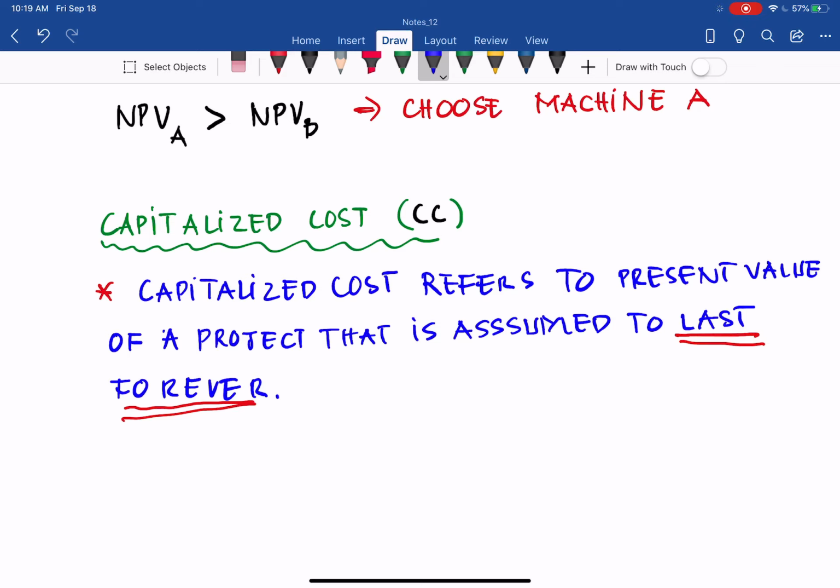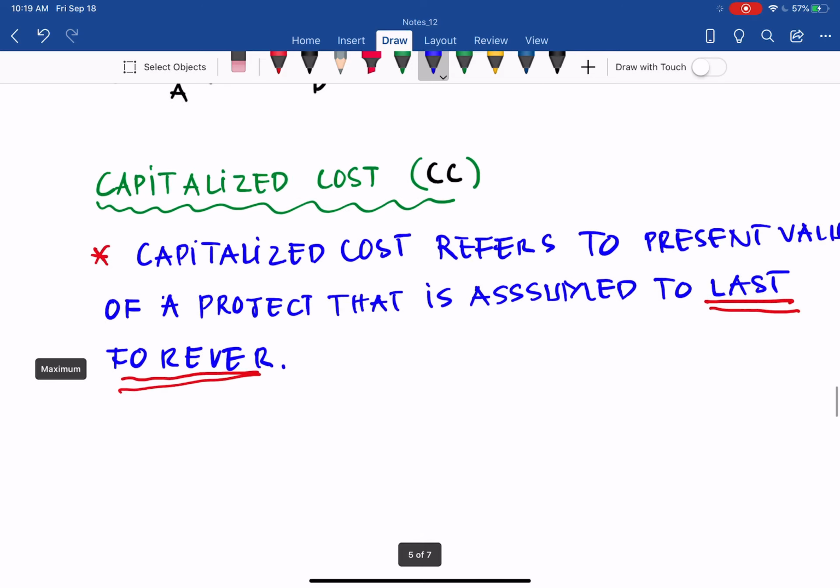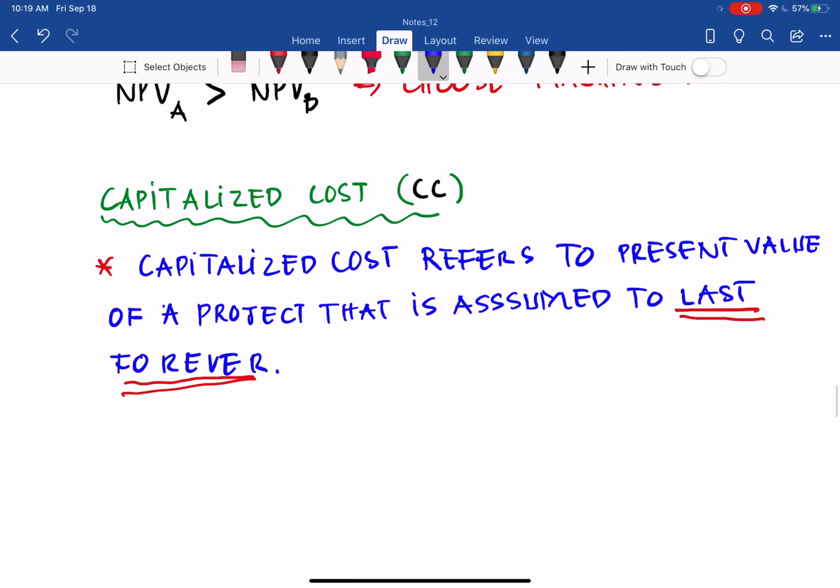And what do we mean in engineering? If a project can last 100 years or more, we can technically assume that it lasts forever. What project do we normally consider lasts forever in engineering?